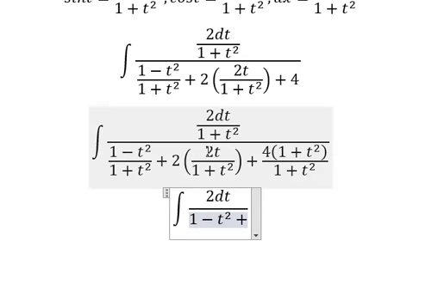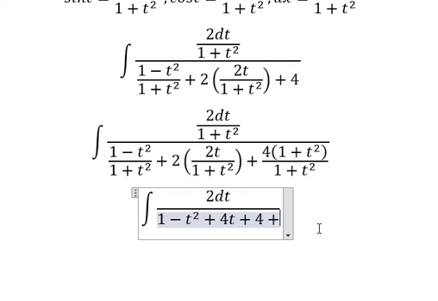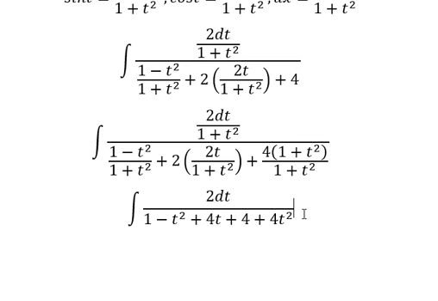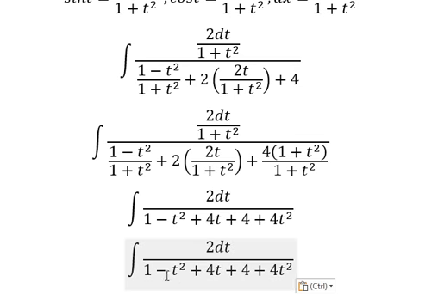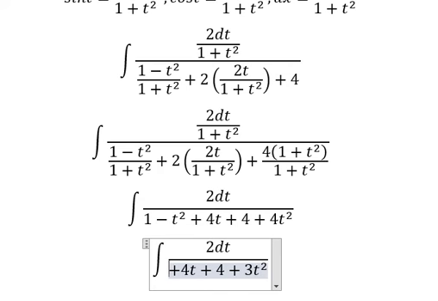So, number 2 multiplied by number 2, 4 and 4t square. So, number 4 with negative number 1, we have 3t square. 1 with number 4, we have number 5.